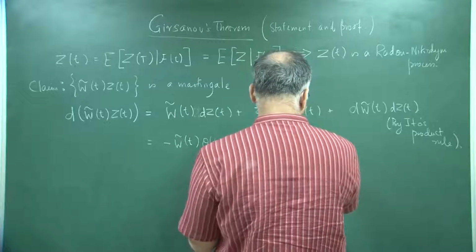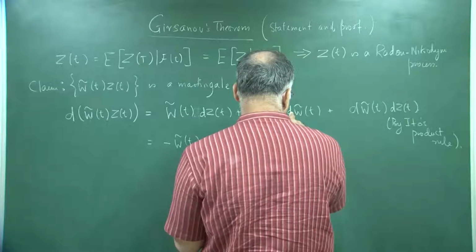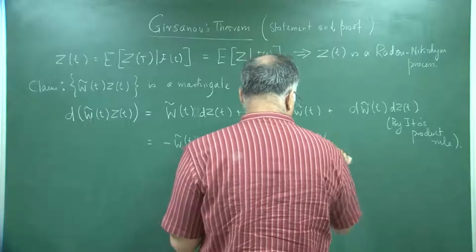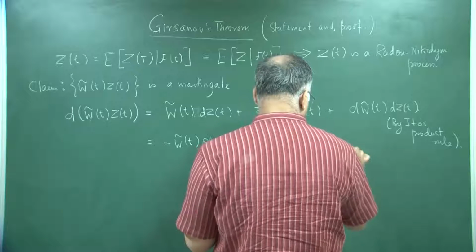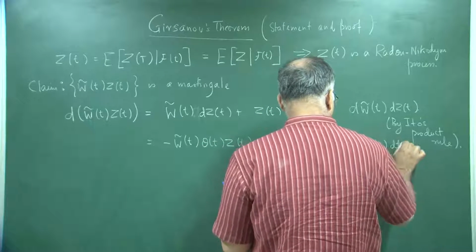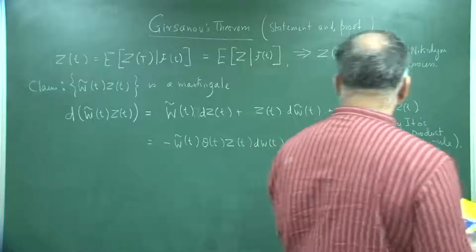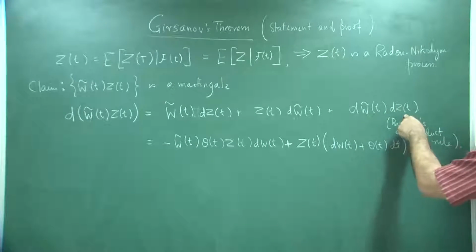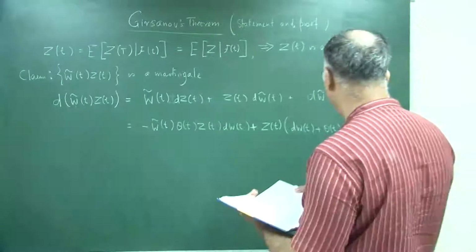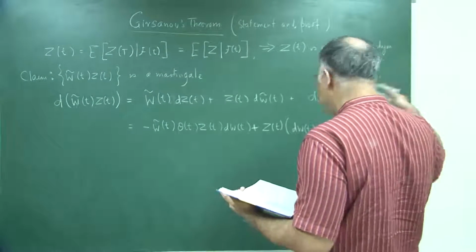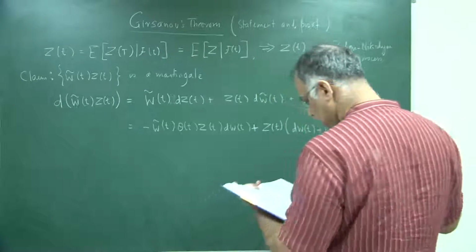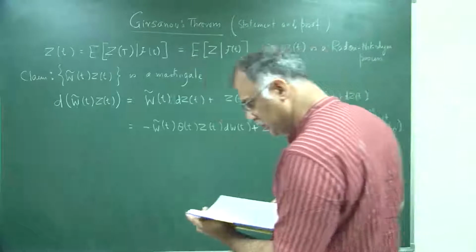Now, if you write dW tilde t in detail, it will become dWt plus theta t dt. What about this last thing? This is a cross variation, and this cross variation will go to 0. You can write it down in detail, writing Zt in this, and show that the cross variation goes to 0.